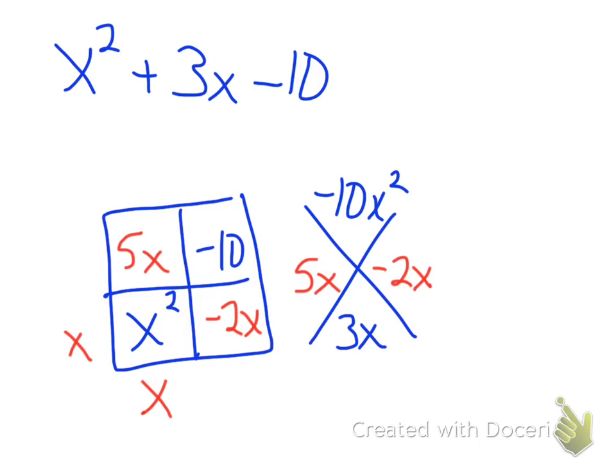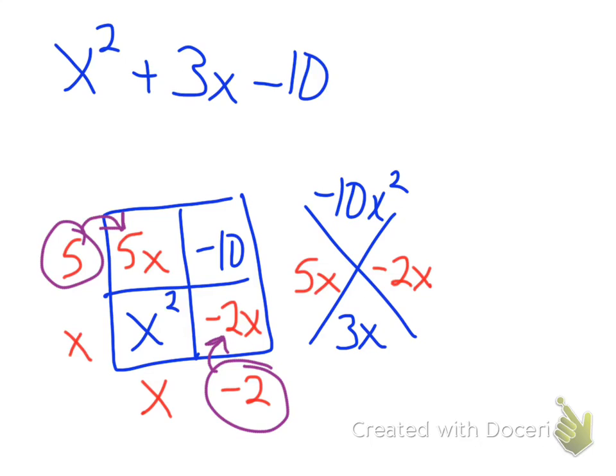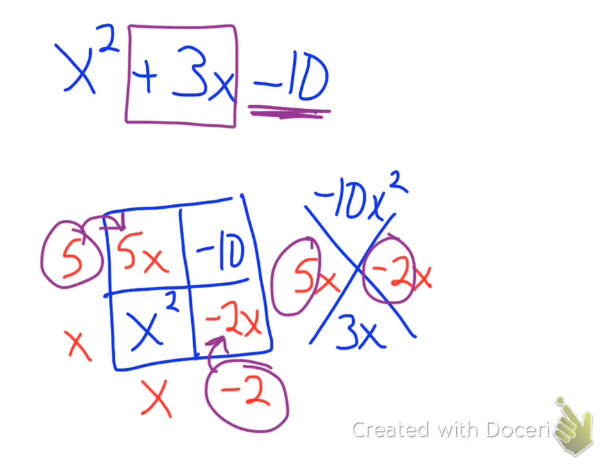Now, what that does is makes this number right here always the exact same as that one. And this number here is always the exact same as that one, which are the values we had from right here, which also are the multiples of negative 10 that add to a positive 3.